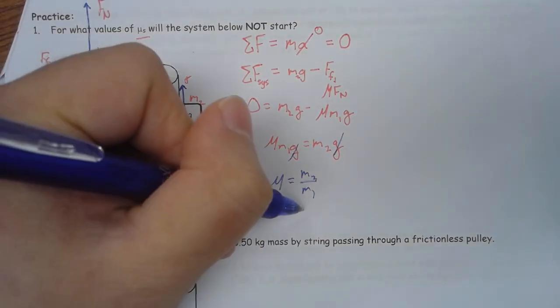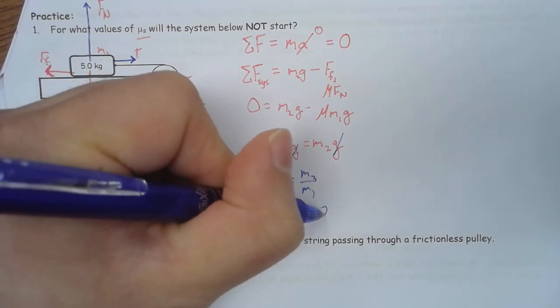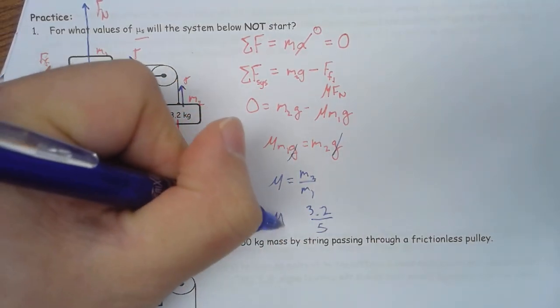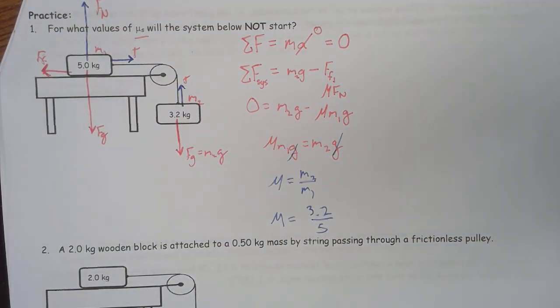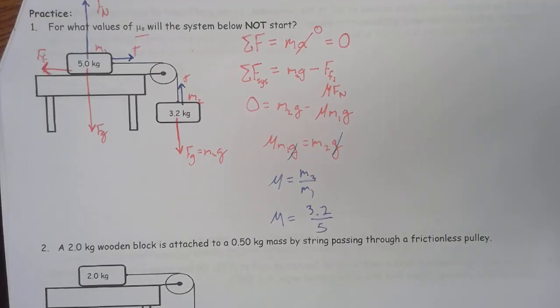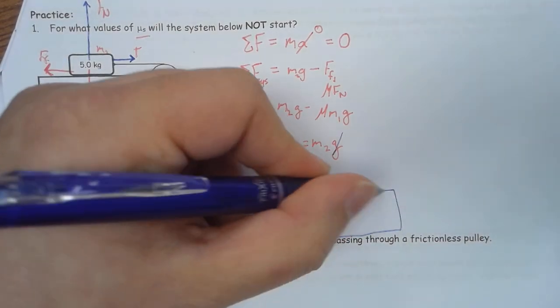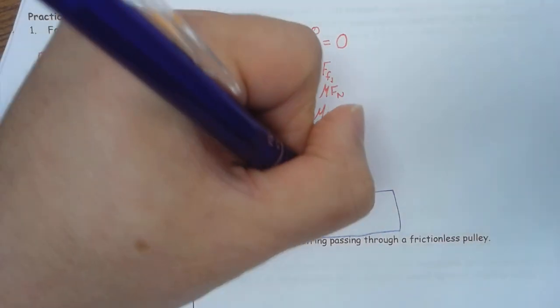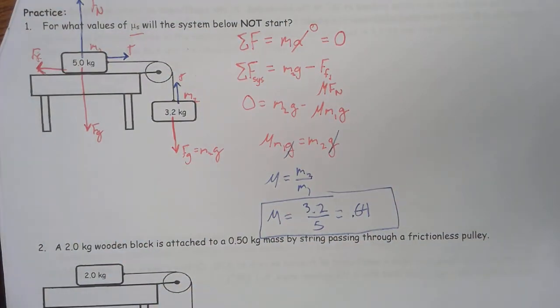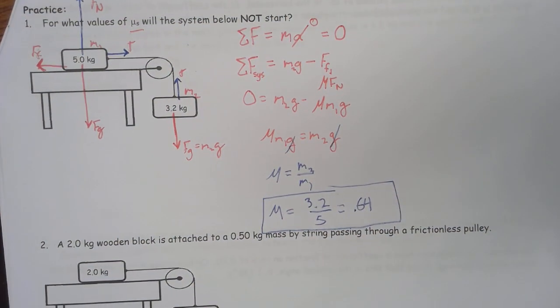Looks like it. 3.2 over 5. So even though we did super complicated things yesterday, are all your problems that hard? So what's our answer? 0.64 units? No units. Good.